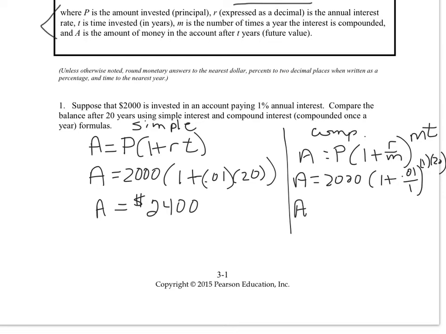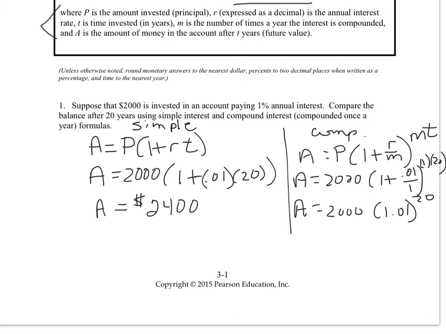Now, putting this in your calculator, you would start with your parentheses, 1 plus 0.01. And I'll write this out so you can see. That's going to be 1.01, and then your exponent was 1 times 20, which is 20.